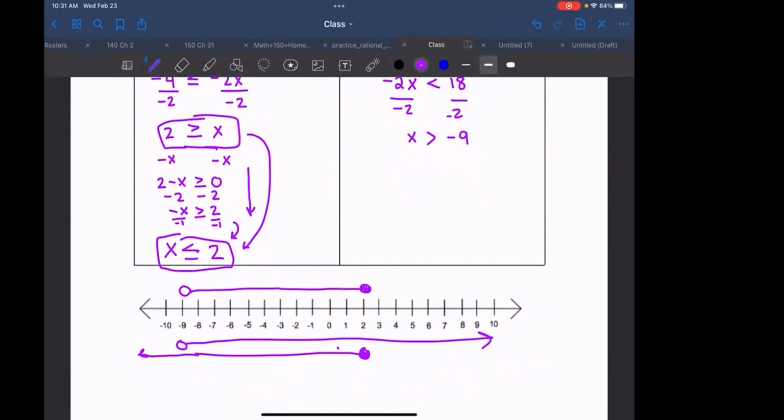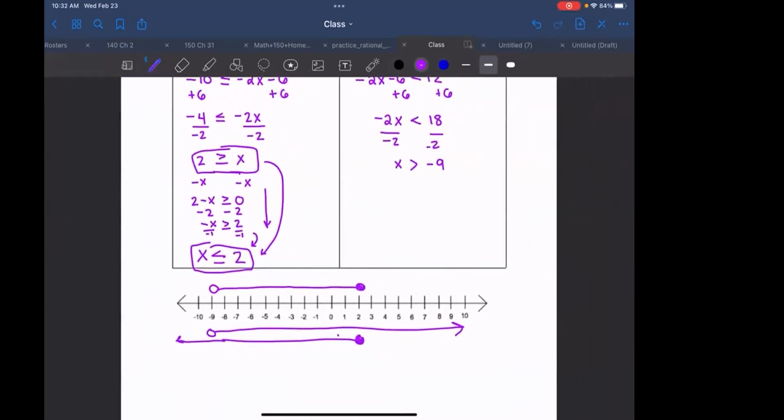Okay, anything else isn't included in both the top and the bottom line, okay? So the overlap between the two is everything bigger than negative 9 and everything less than or equal to 2, okay? Does that make sense? So we're kind of combining our two answers from the left-hand side and the right-hand side and thinking about where they overlap. Okay, so we finished our graph.